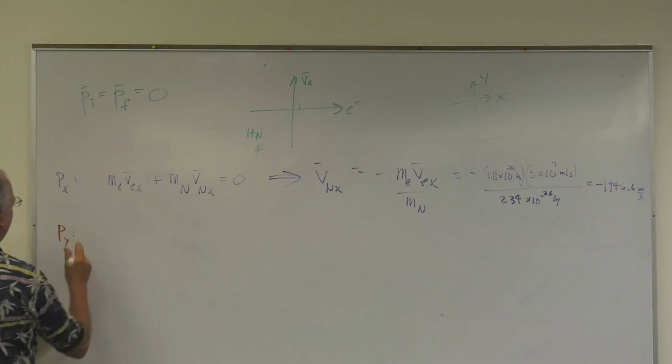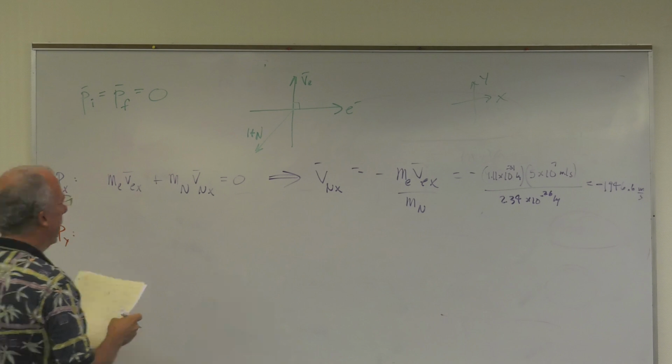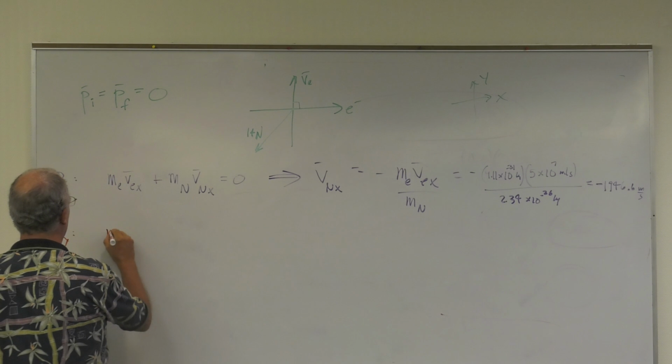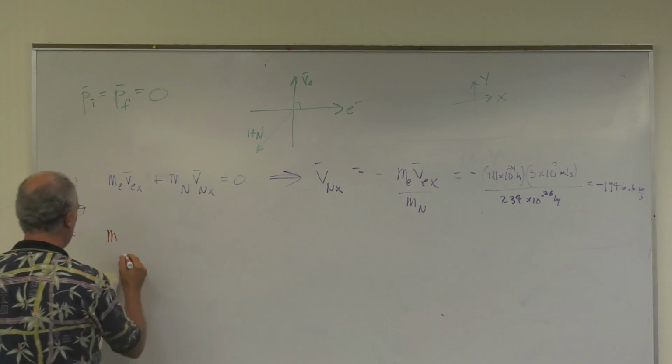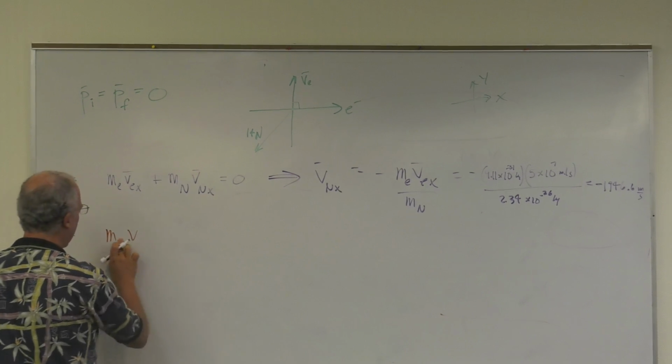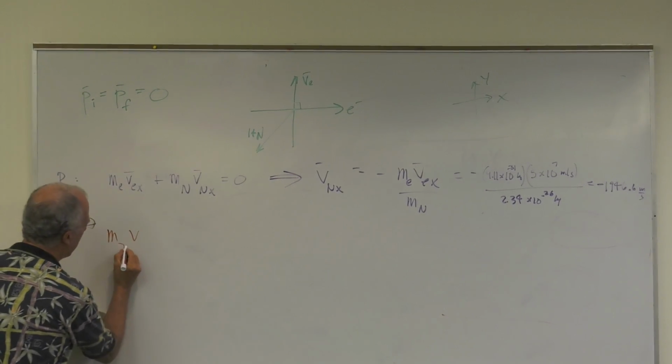All right, let's do the y. So the mass of the neutrino times velocity. Okay, so the neutrino kind of goes like that.